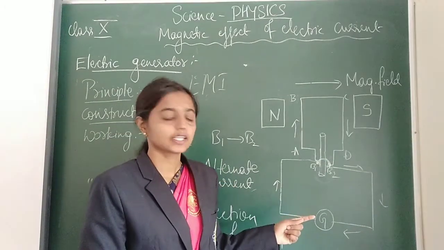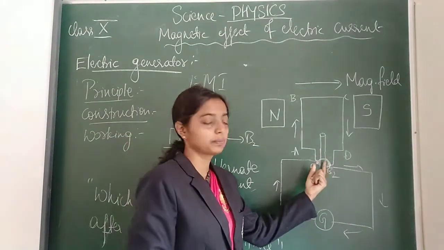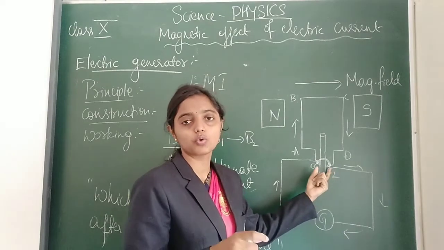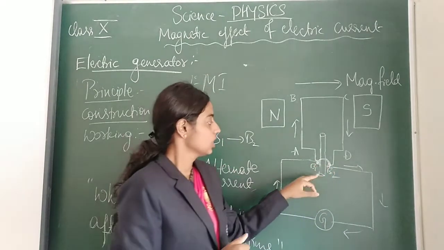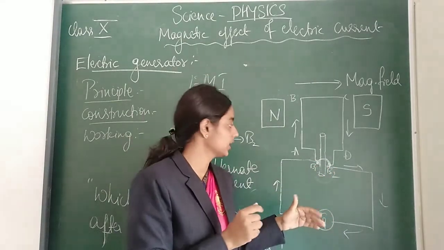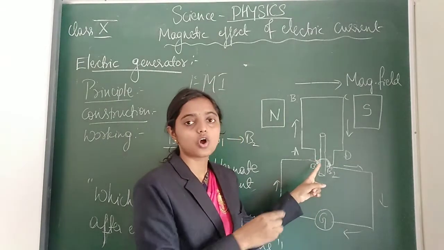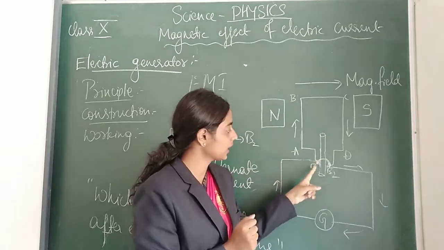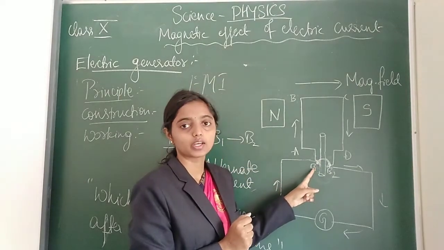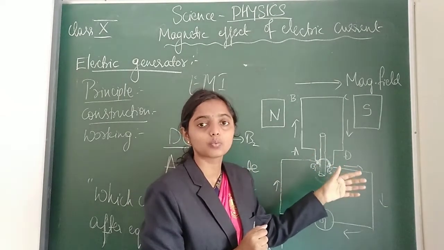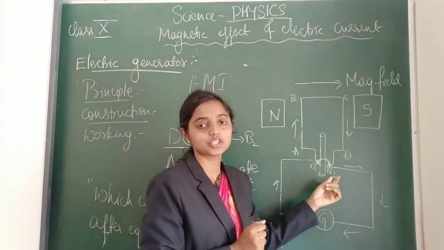In direct current, we are using a split ring which acts as a commutator, and we know what a commutator is from the electric motor. So here the connection should be done in such a way that the coil terminal which always moves upward should be connected to brush 1, and the one which always moves downward is connected to brush 2.